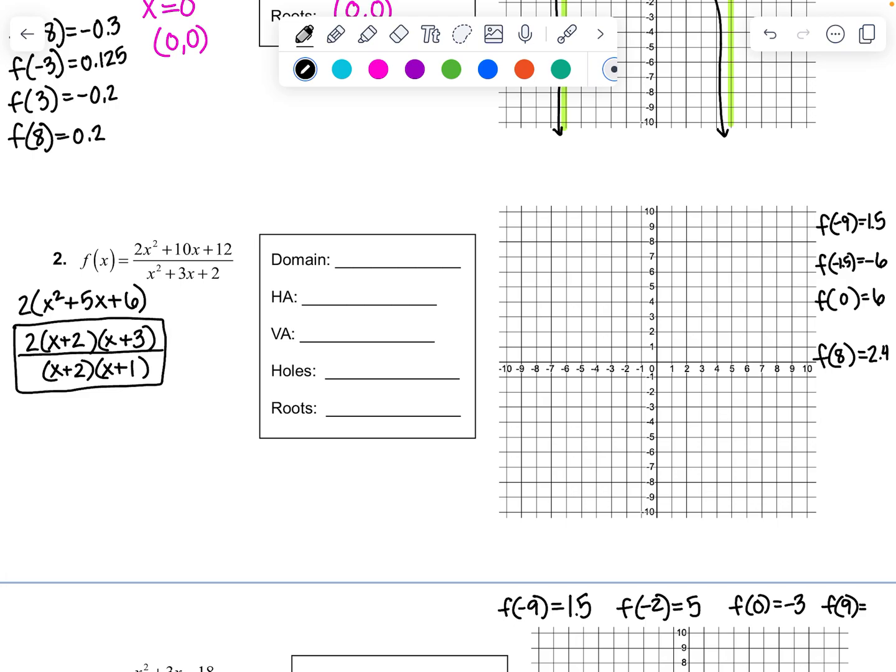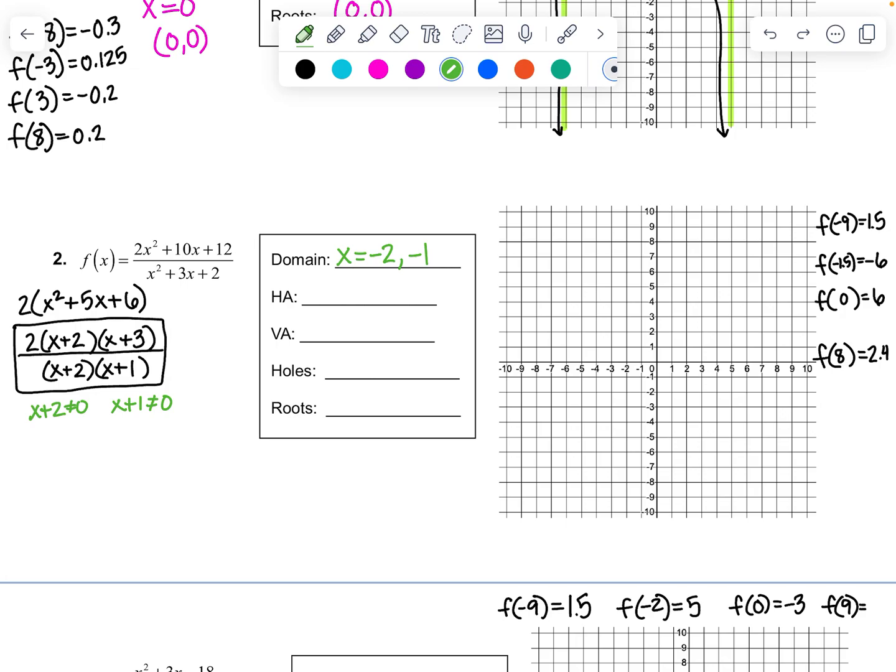So I am looking at the domain for domain restrictions. I take both of my denominator factors, x plus 2, set it not equal to 0, x plus 1, set it not equal to 0. And we have our domain restrictions of -2 and -1. I like to go right into my vertical asymptote because I will use similar information.